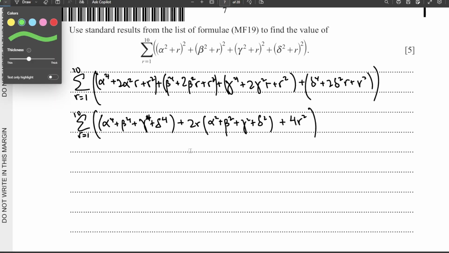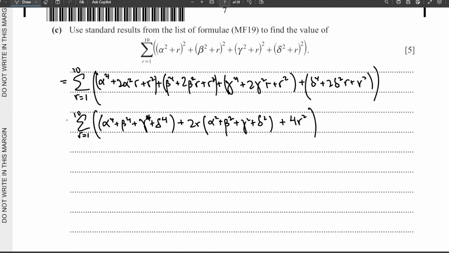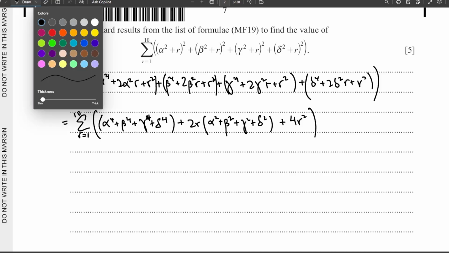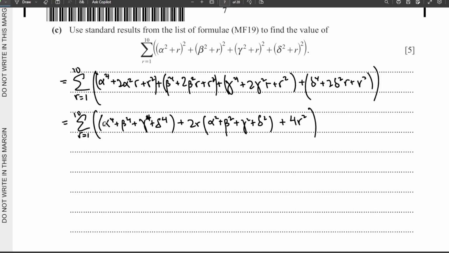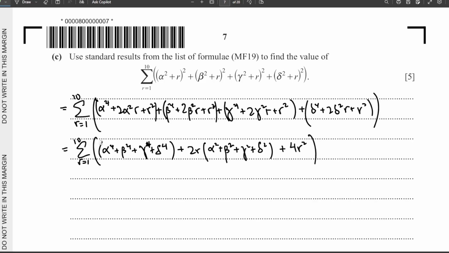After you have expanded all the terms and collected the constant term, the r term, and the r squared term, if we look at these two coefficients, the independent coefficient and the one with r, something similar comes out.